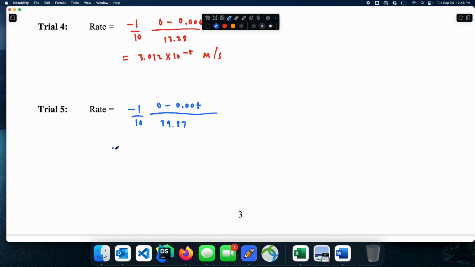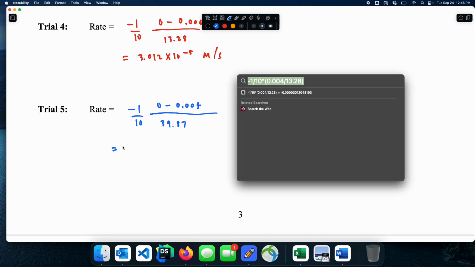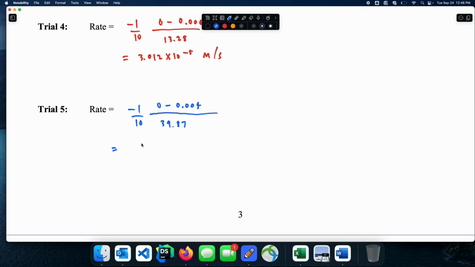Okay, and this is going to give us 1.003 times 10 to the minus 5 molars per second.